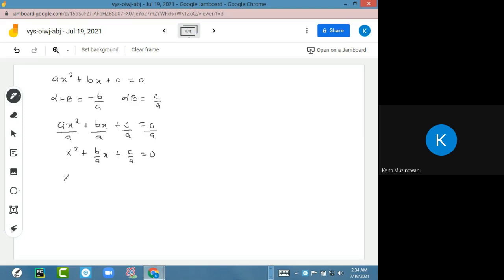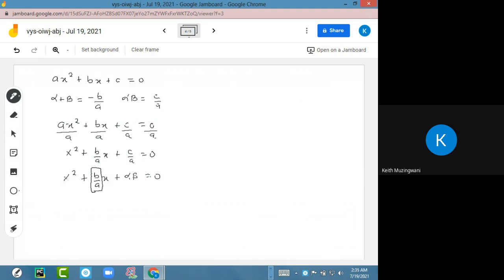But we've seen that c over a is what? C over a is the same as alpha beta. So if we left this the way it is, here we can put alpha beta.